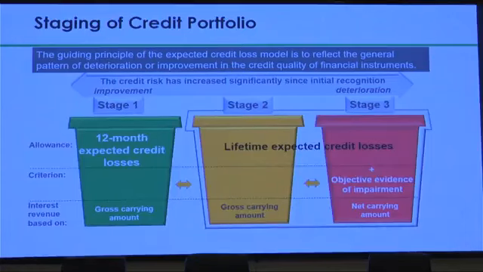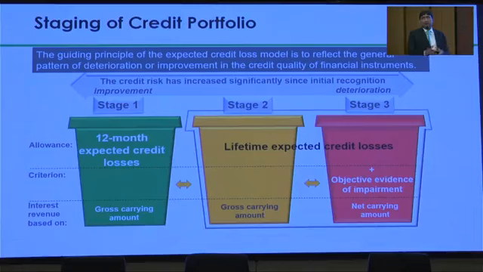Now the next question arises, how the loan will move actually amongst these buckets. So here the standard introduces the concept of significant increase in credit risk. It's a measurement of credit risk from origination of the loan till the reporting date.